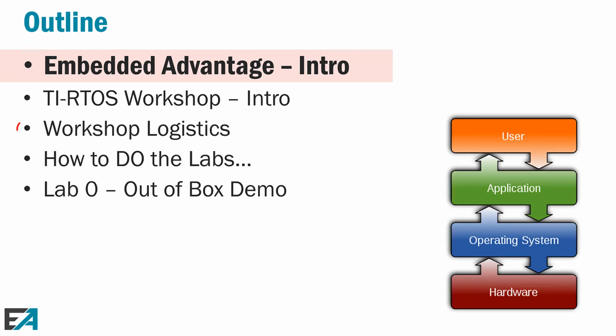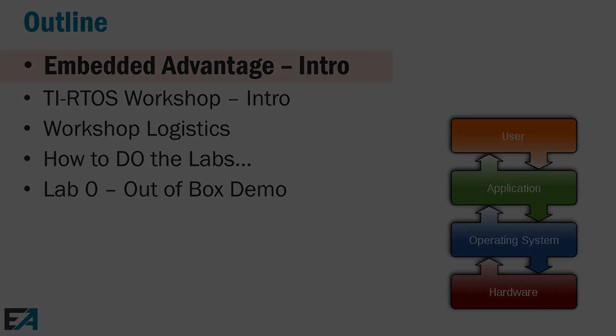Then we'll go through workshop logistics, that workshop datasheet you talked about earlier: what revs of the boards and software development kits we currently support. Next is how you do the labs and what the different options are. You can go really fast or slow. The more you put into it, the more you get out of it. It's a matter of how much time you have. And then we'll send you off to Lab 0, which is the out-of-box demo.